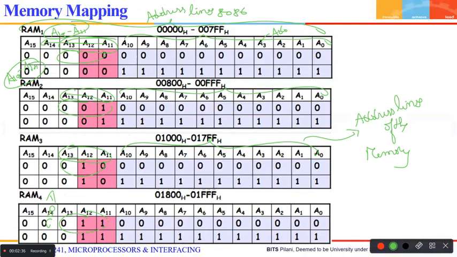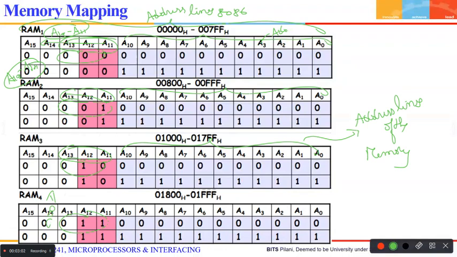See, I told you all this A0 to A19 is the entire address lines coming from the 8086. Out of that, A0 to A10 are used for connecting directly to the address lines of the memory itself. Hope all of you remember what I told you in the previous class.